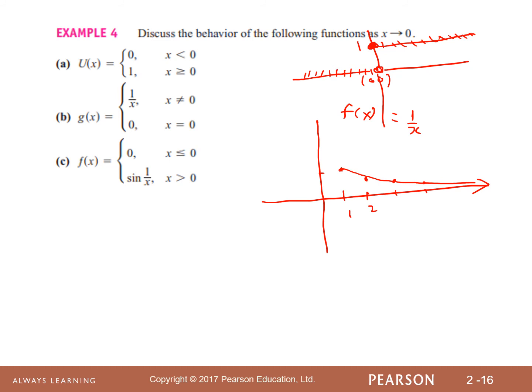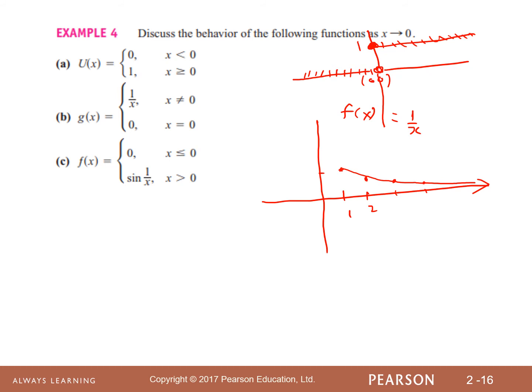Okay? Now, this is f of 1, right? What about f of 1.1? Okay, so we're going 1, 2, 3, 4. What if instead of 1, I went 0.9? f of 0.9, is it greater than f of 1 or less than f of 1?